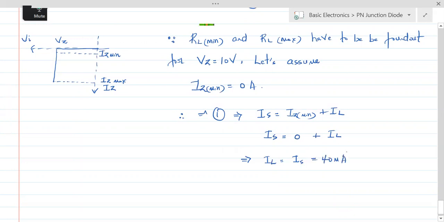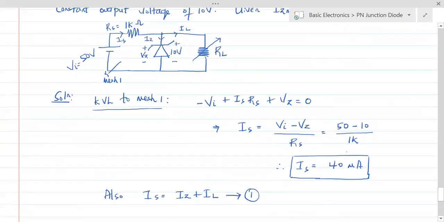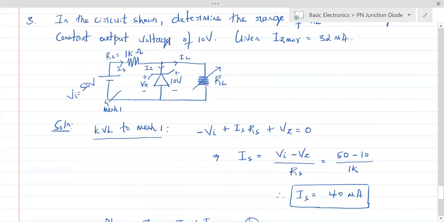So when we know IL, can you give me RL? For IL equal to some current, can you give me RL? For knowing that, what do you need to know?